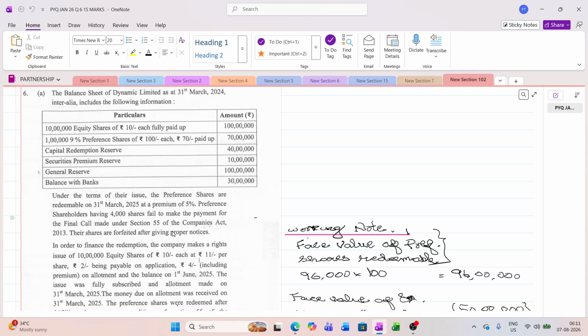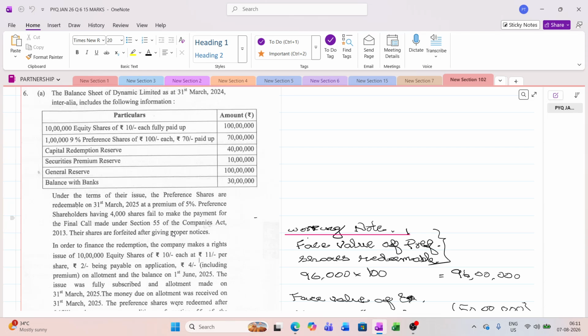Then in case it is partly paid up and the question doesn't say anything about that, it is assumed that the directors have called up the final due, then it was made fully paid, then it is redeemed.